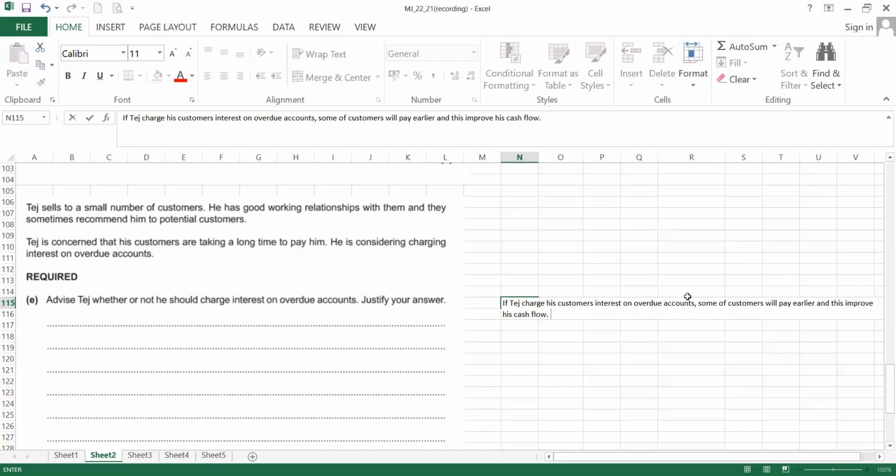There is a good thing about it. So this will improve his cash flow. At the same time, the administration cost and time can be reduced. So this is the advantage of it.